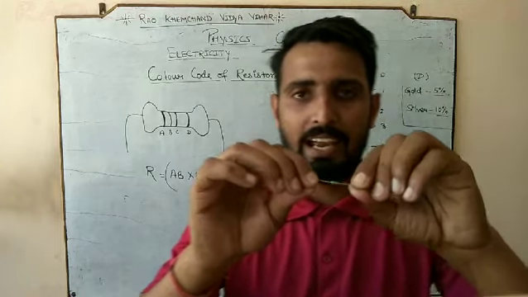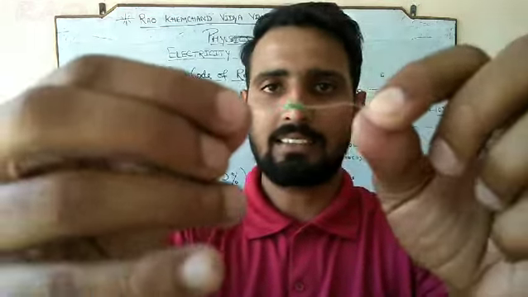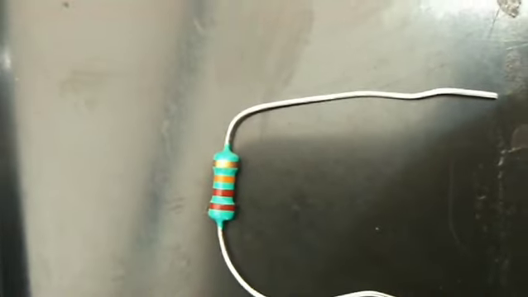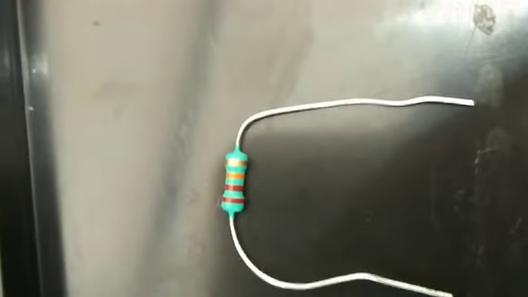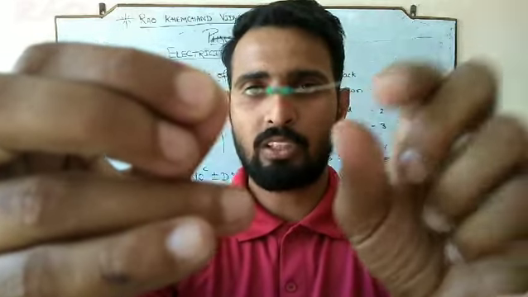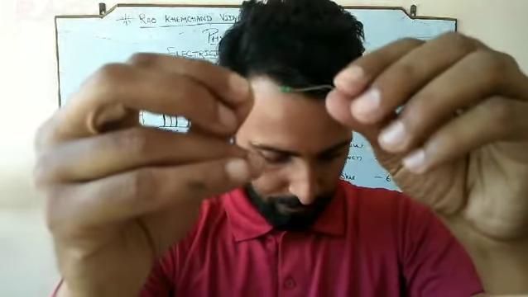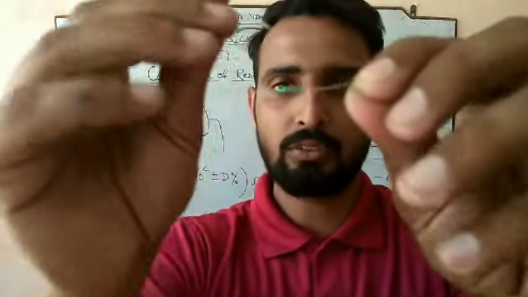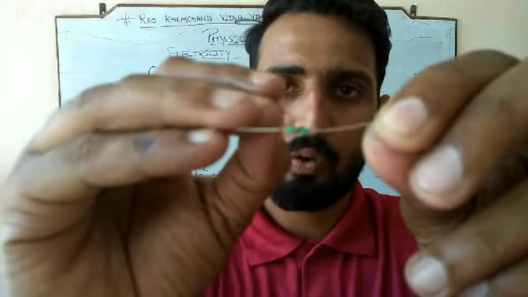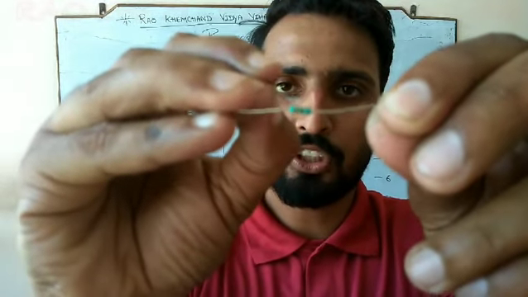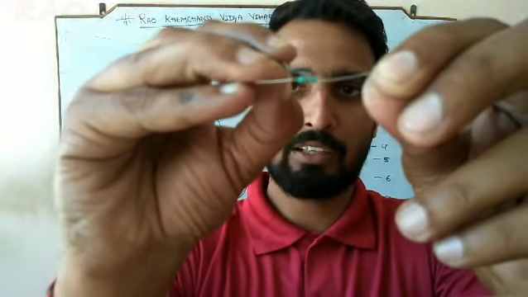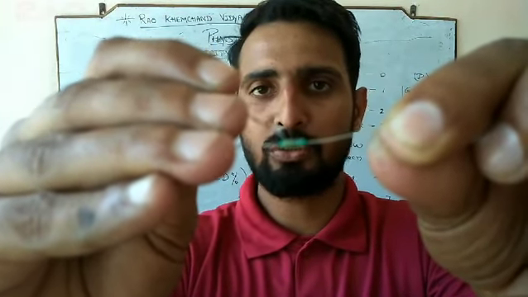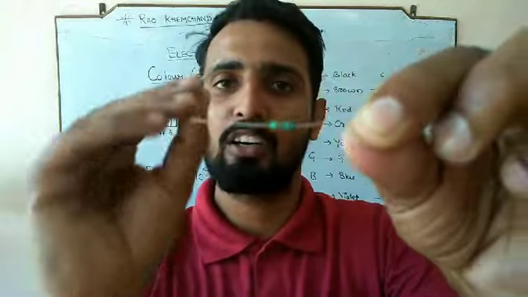Now everyone, you can look at this. What is the code we have on this resistor? If I point to things, here we have 1, 2, 3 and 4. We have 4 color stripes. Stripe number 1, stripe number 2, stripe number 3 and stripe number 4.